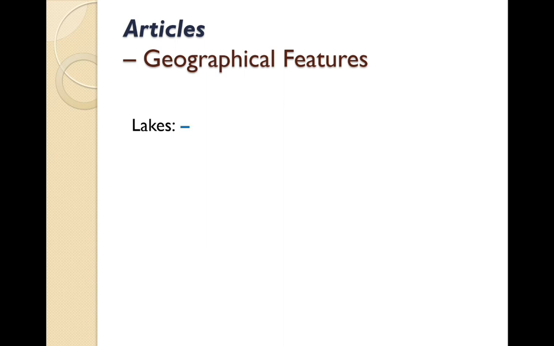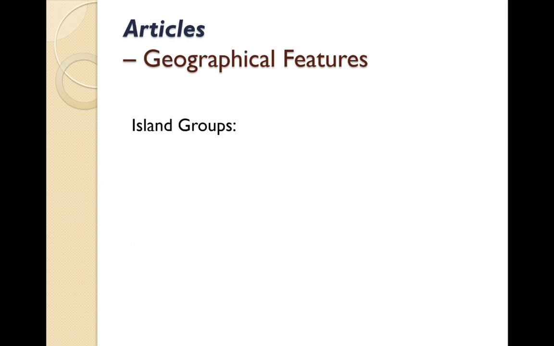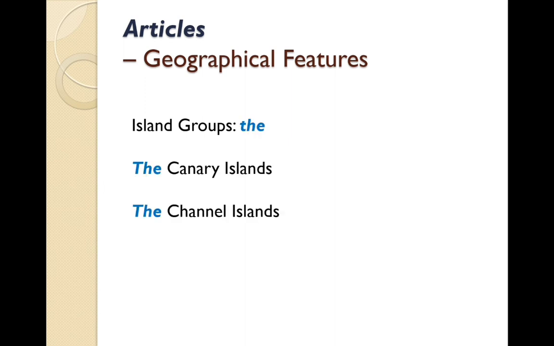With lakes, we don't use an article. Lake Michigan, Lake Titicaca, Lake Tahoe, Lake Malawi. With island groups, then we use the: the Canary Islands, the Channel Islands, the Balearic Islands, the Falkland Islands.